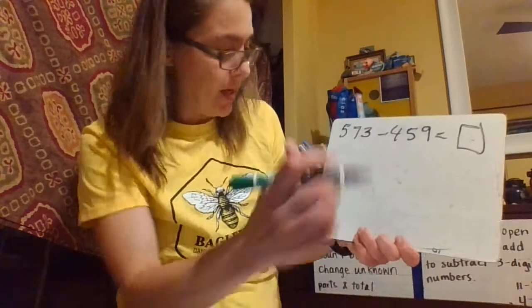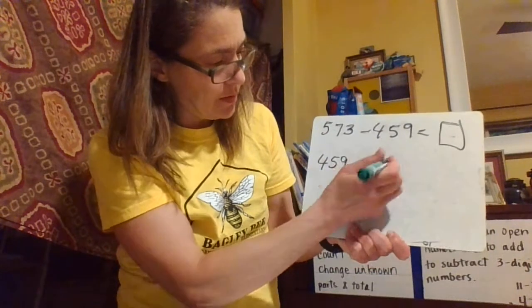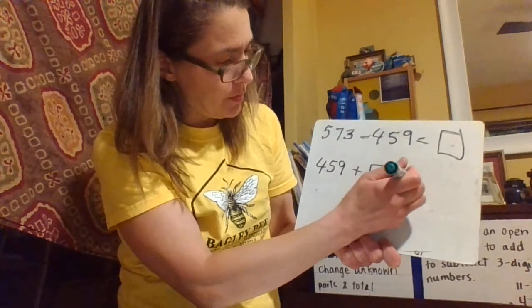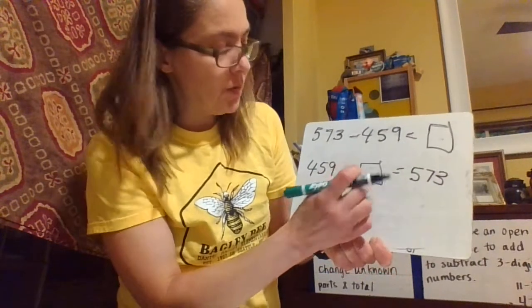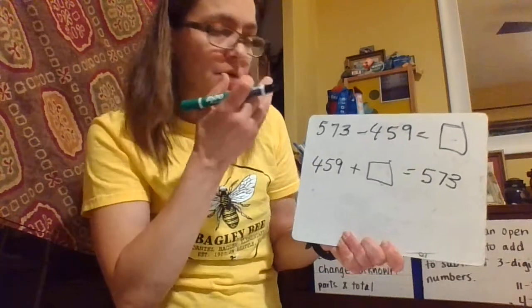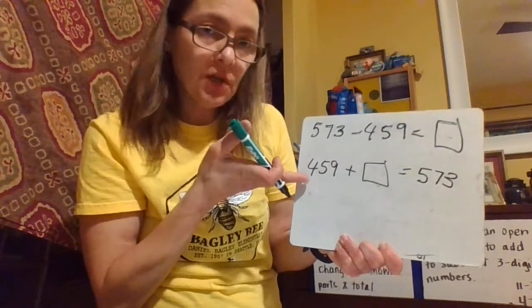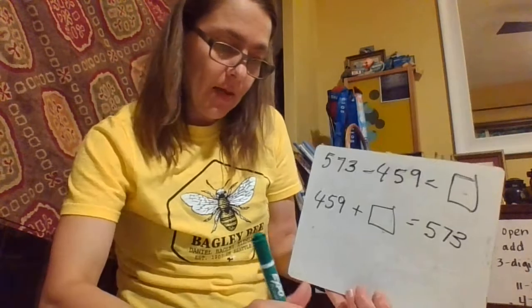Okay, so we're going to have 459 plus some amount equals 573. And this is your change unknown. So we switched it. We turned the subtraction problem into a change unknown addition problem. Okay, and then we're going to solve for this part.